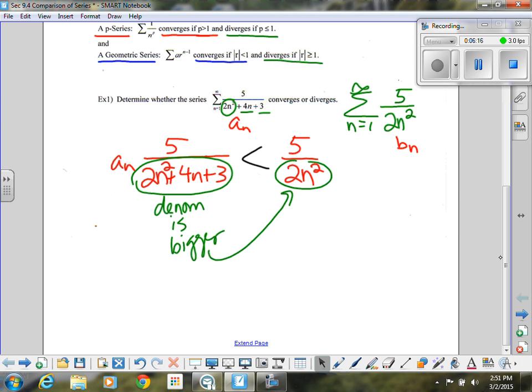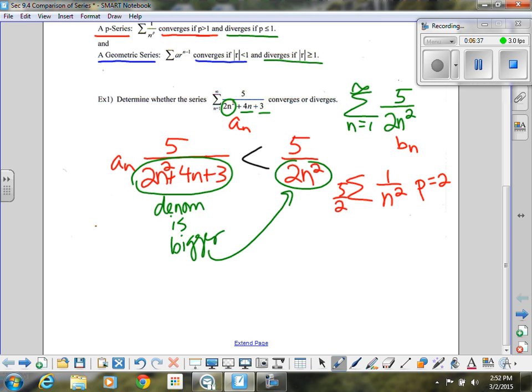All right, so let's look at this 5 over 2n squared. I'm going to rearrange that so that I pull out the 5 halves. Remember, we can take a constant out of a summation, out of a series. And then I've got 1 over n squared. So this is simply a p series where my p is equal to 2.